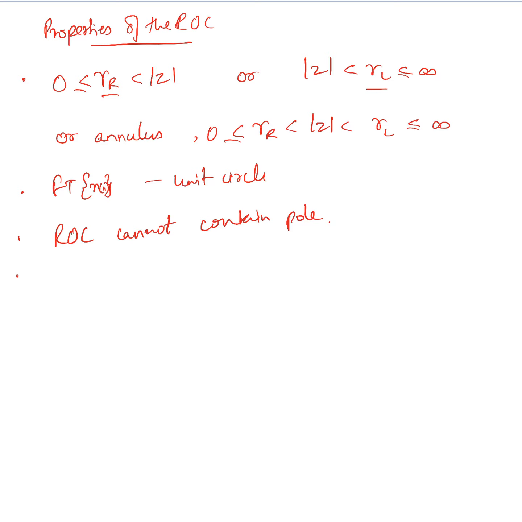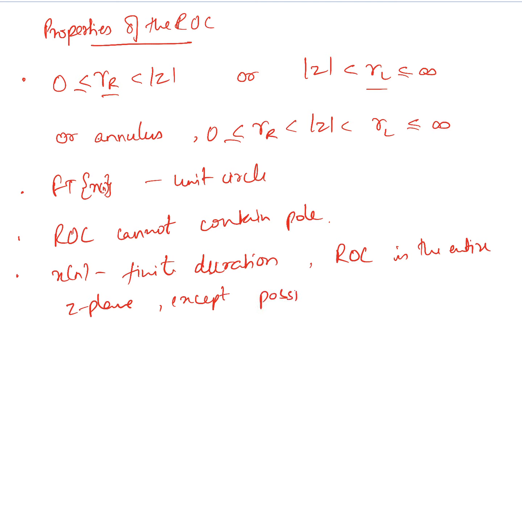Now the next property says that if x[n] is of finite duration, then the ROC is the entire Z plane, except possibly Z equals 0 or Z equals infinity.